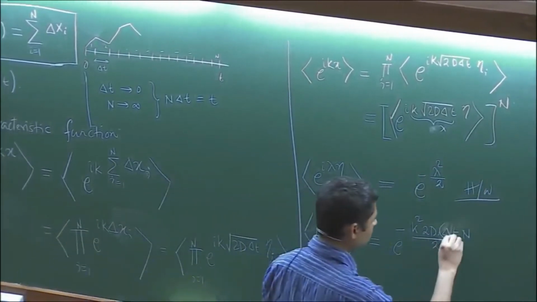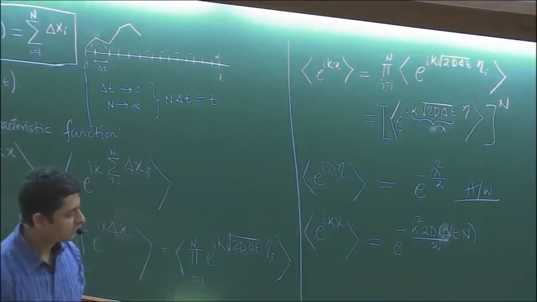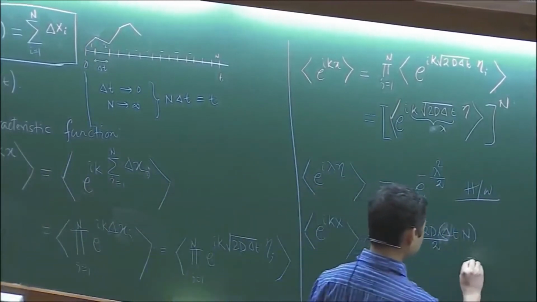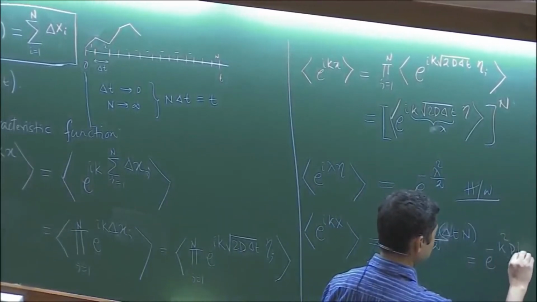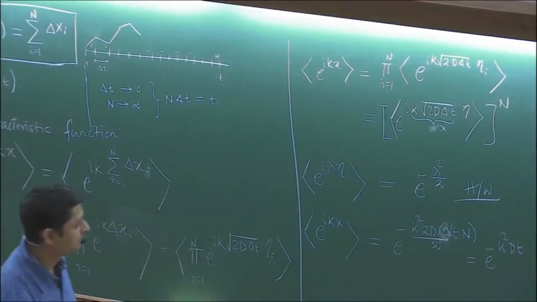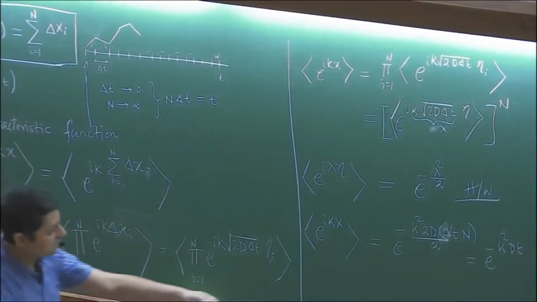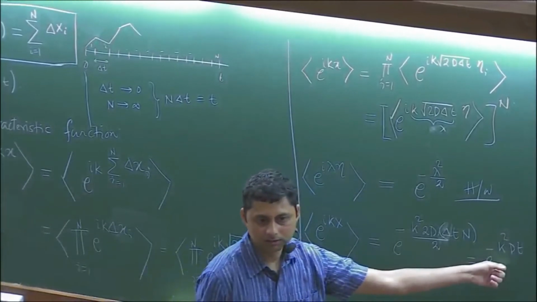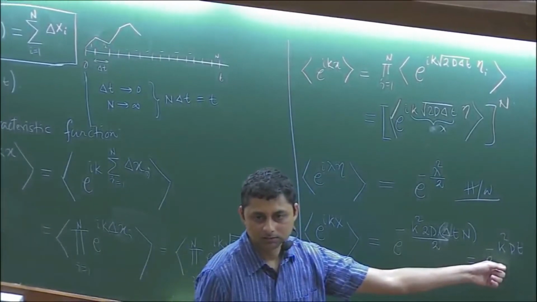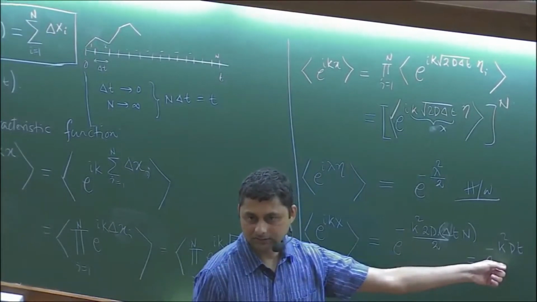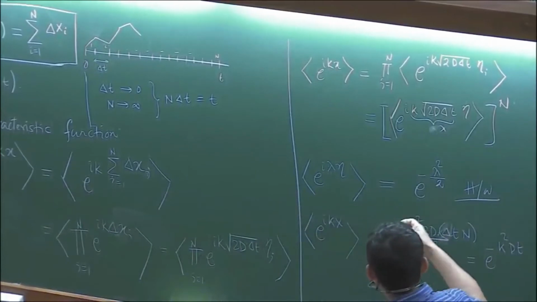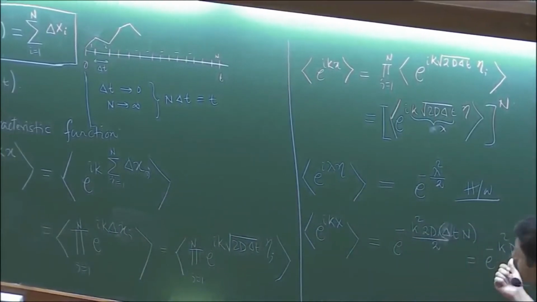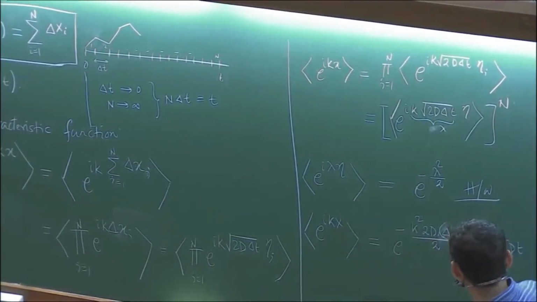But this one now I can combine, and what I get is e to the power minus k square. Now is this one familiar? Because this is what you got last time. This is the characteristic function of a Gaussian random variable, because it's essentially the same as that one.